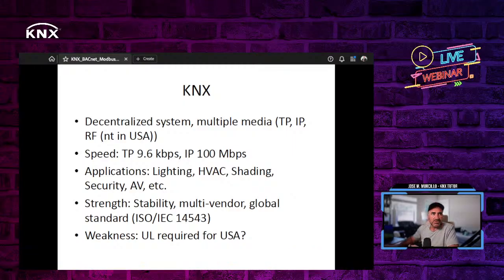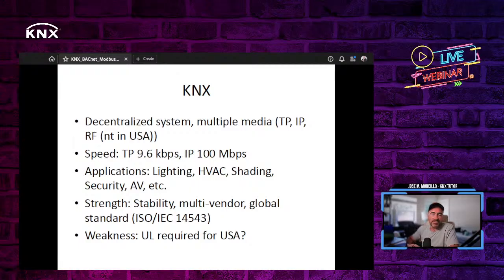So you need ETS, which is the tool that we use to commission, program and parameterize any KNX device. This is important. The other important thing is that we need to create all the group addresses in KNX.